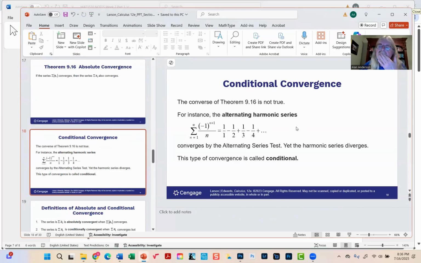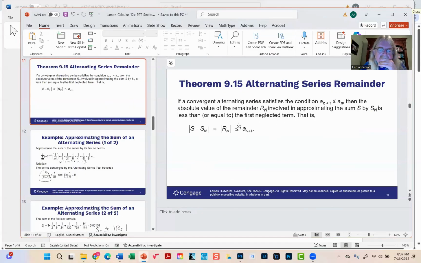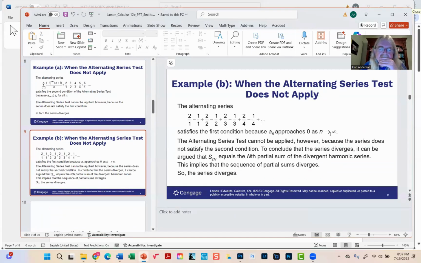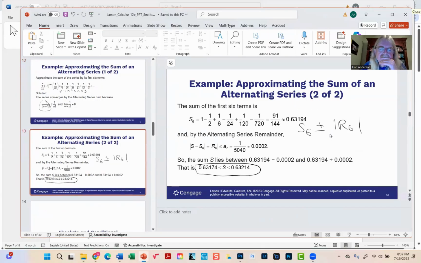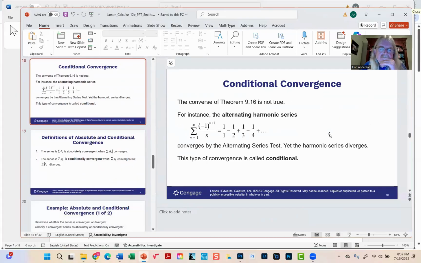So it says here, this converges by the alternating series test. Actually, I think we just did this one, right? Yeah, this one. Okay, we already knew that this one converges. But the harmonic series, meaning the same thing without the signs, diverges.